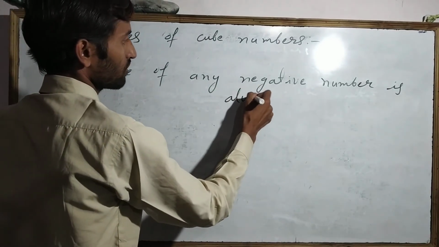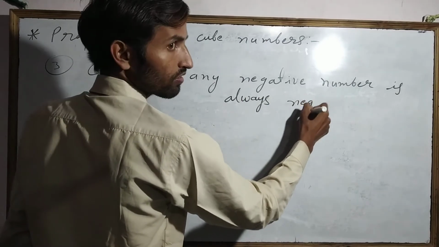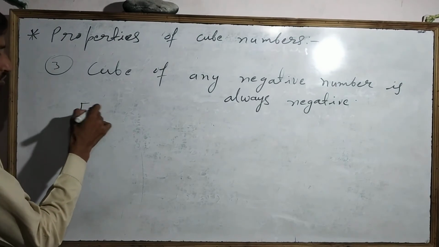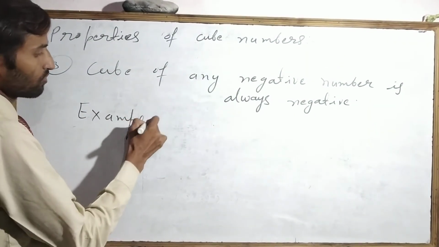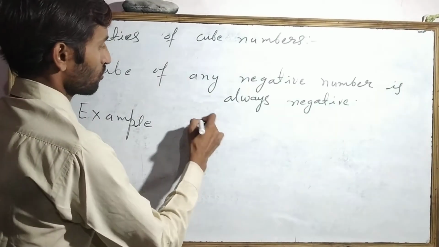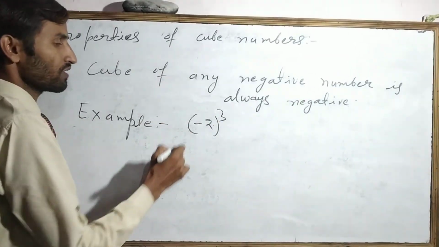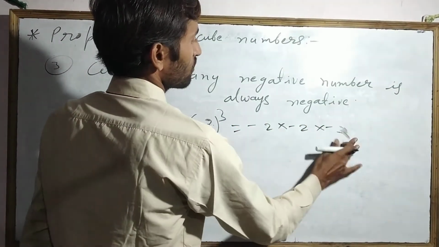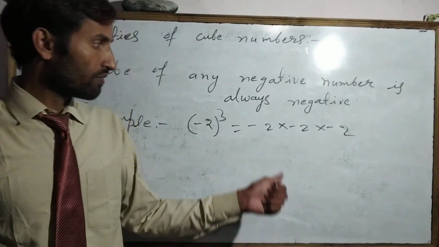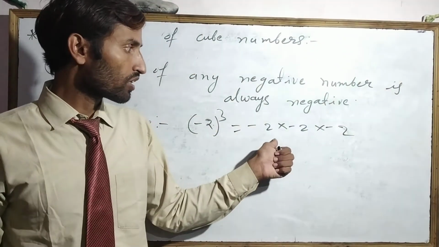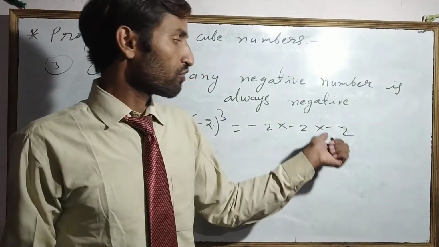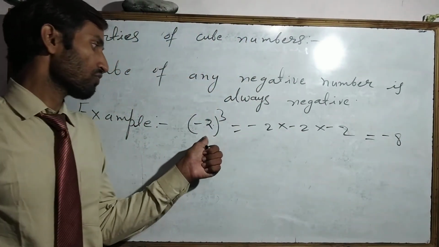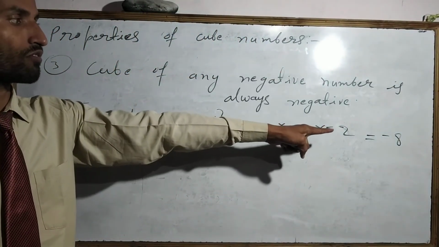Let's take an example. If the question is given as minus 2 whole cube, we have to multiply 3 times: minus 2 into minus 2 into minus 2. Minus times minus gives plus, so 2 times 2 is 4, but one minus remains. So 4 into minus 2 comes to minus 8. The cube of any negative integer is always negative.